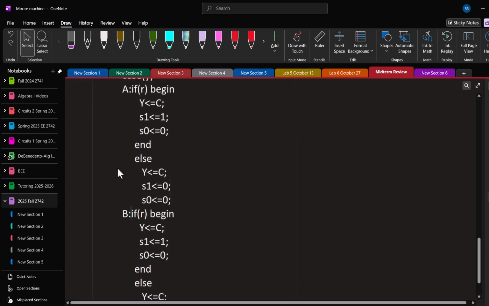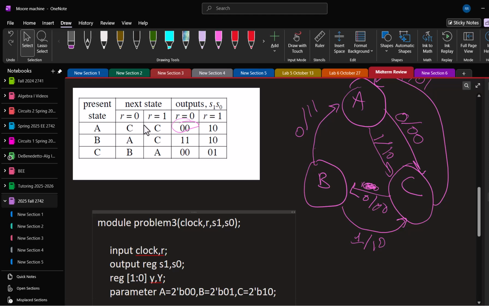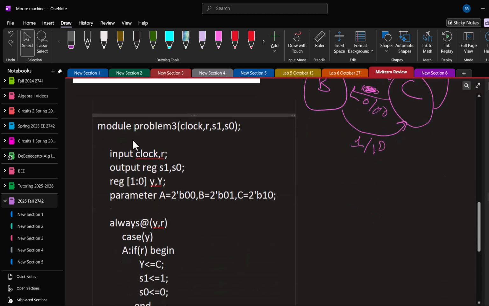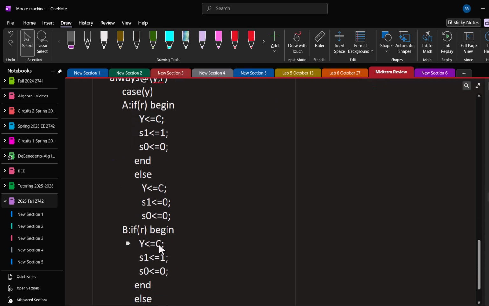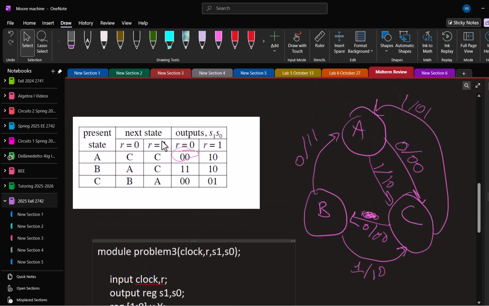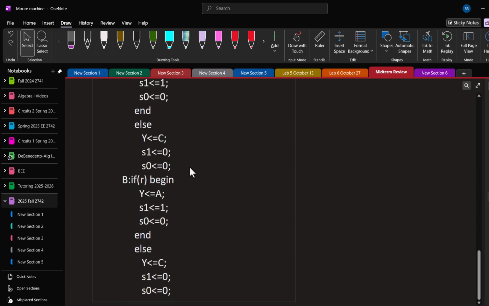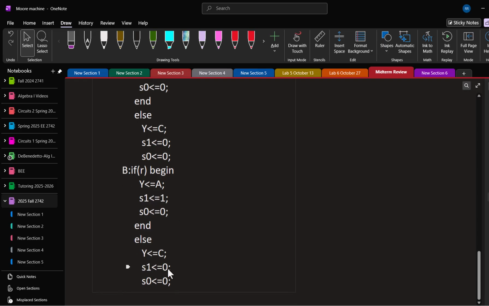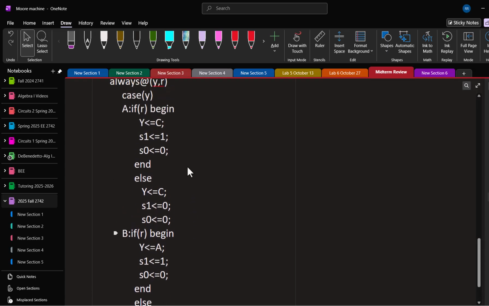Okay, from state B, if R equals 1, my next state is C. And if R equals 0, my next state is A. From state B, if R equals 0, both my outputs are 1. And I forgot my end on my else. I forgot to have a begin and end on my else.